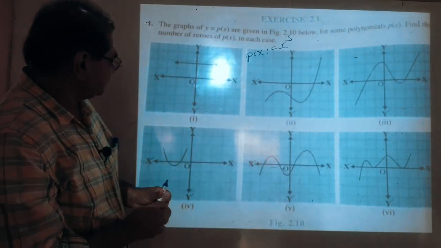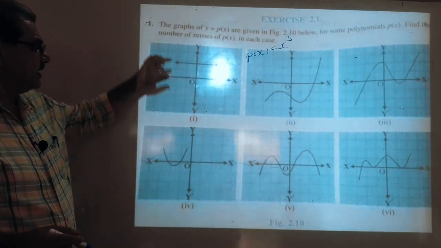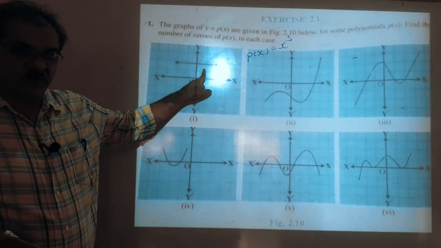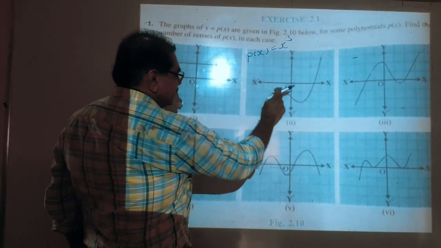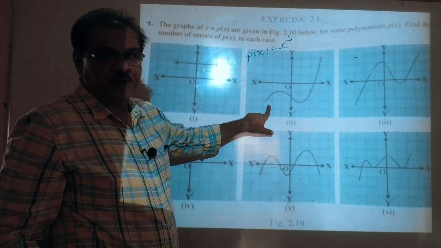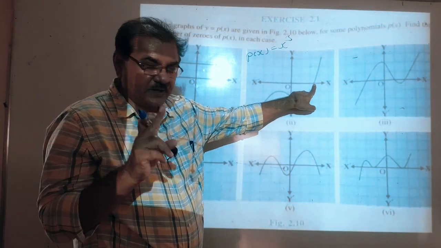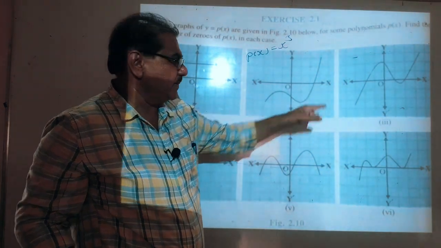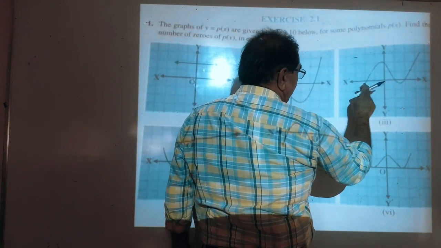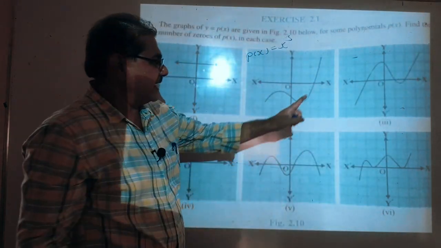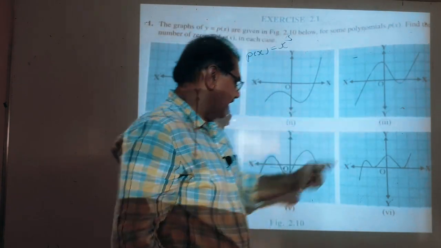So here you have to give me the answer, what kind of polynomial it should be. It is a linear polynomial. Another has two curves, so degree 3, but intersecting the x-axis at 1 point only. It is again 1, 2 and 3, so a degree 3 polynomial and having all the 3 zeros in the graph.